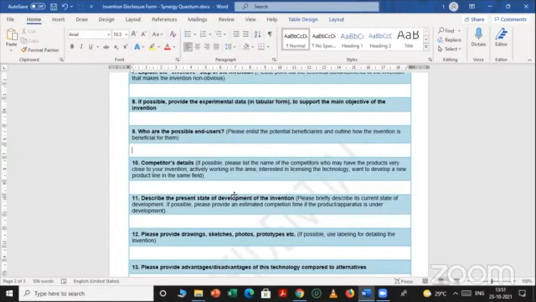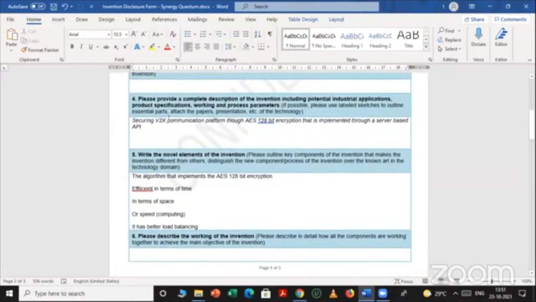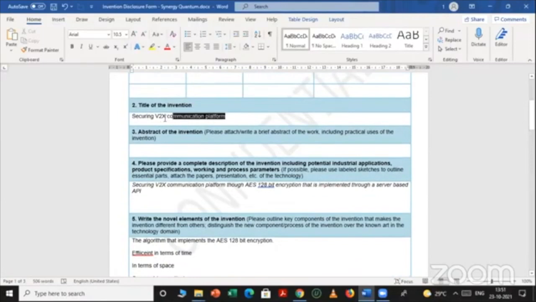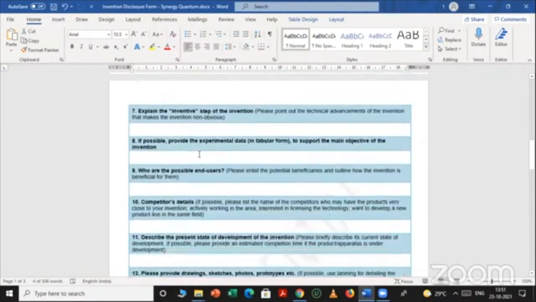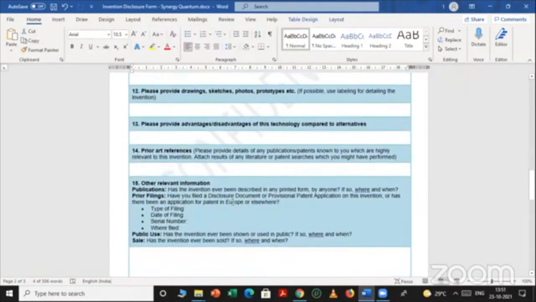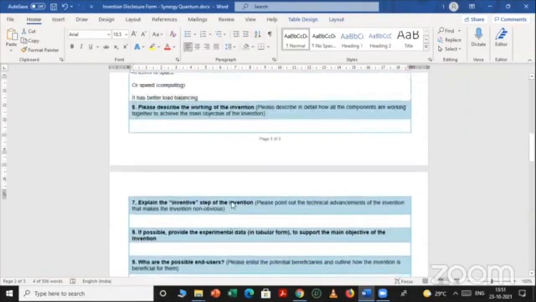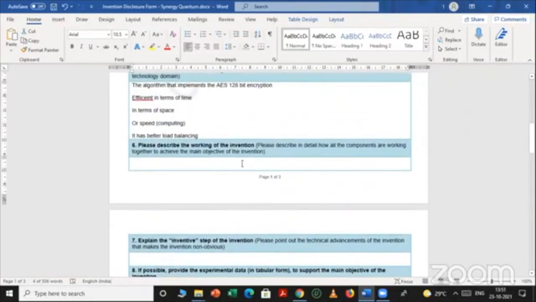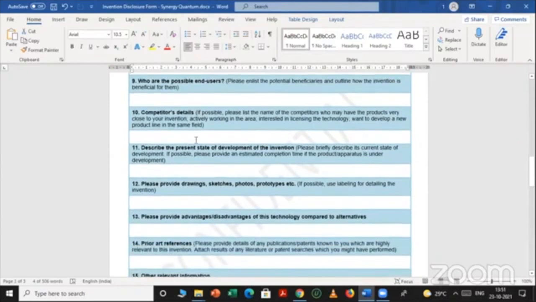For example, if Ericsson is developing this secure V2X platform, Huawei may be a possible competitor, Nokia may be a possible competitor, Tejas Networks can be a possible competitor, Airtel may be a possible competitor, or Tata Teleservices can be a possible competitor. So you have to list out all the competitors in your field, because when you list out the competitors, it will help attorneys to do an effective prior art search related to your invention.